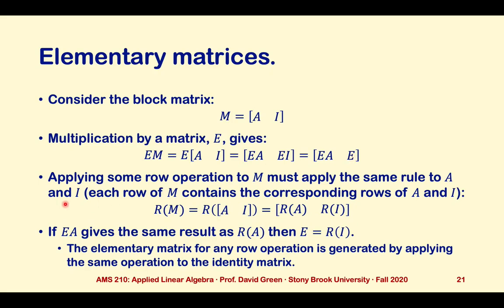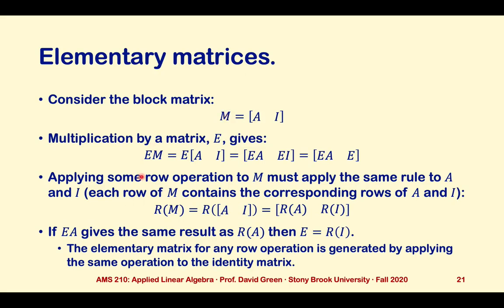Now, if we apply some row operation to M, because A and I are lined up in a row, the rows of A and the rows of I are continuations of each other in this larger matrix.